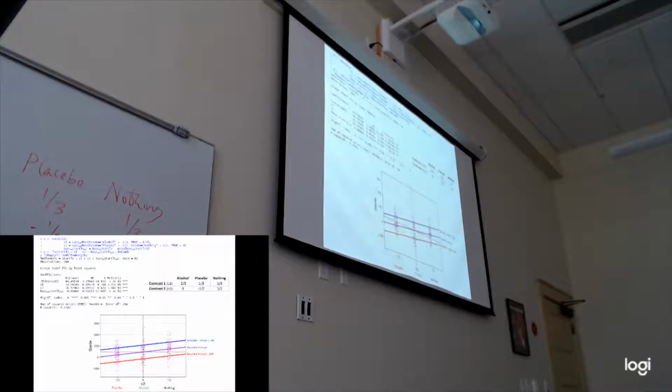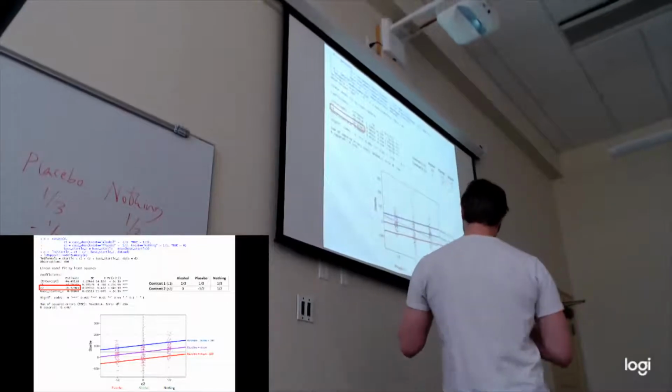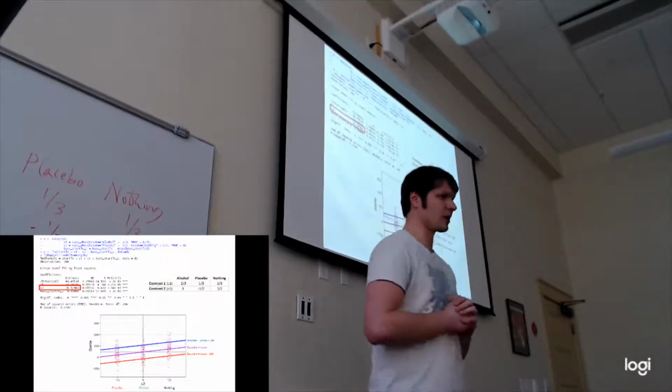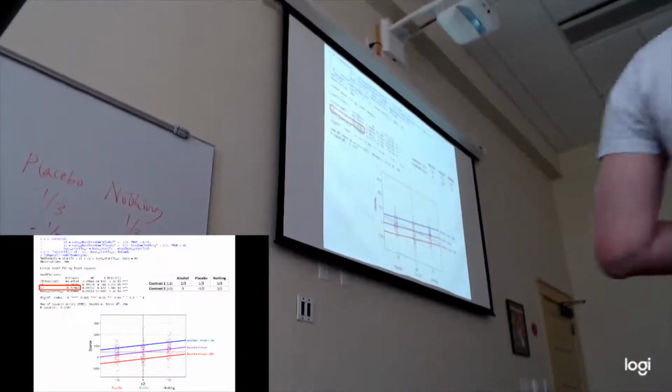So here's our model output. And I'm going to skip ahead to C2 for a second. So where do you think C2 is represented on this graph? What about the purple one?